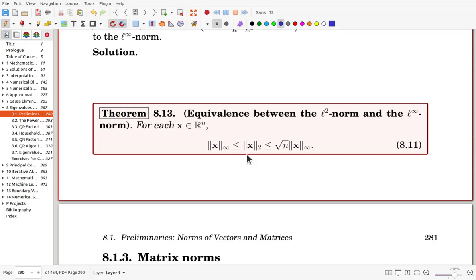That is the meaning of equivalence between norms. And we consider here only the L2 norm and L infinity norm. However, the L1 norm is also equivalent to them because it is defined on a finite dimensional space. Okay.